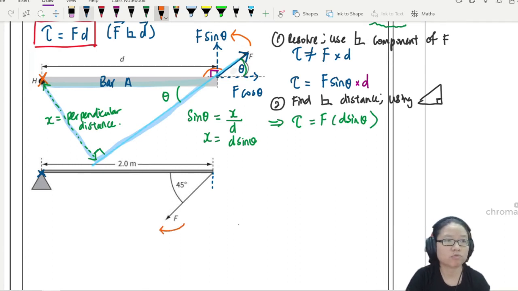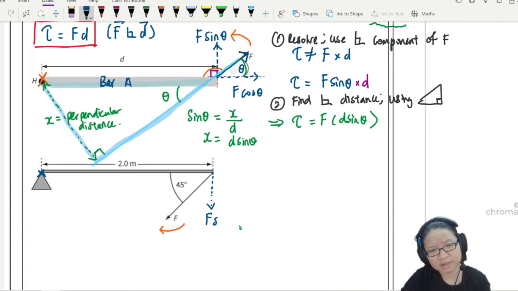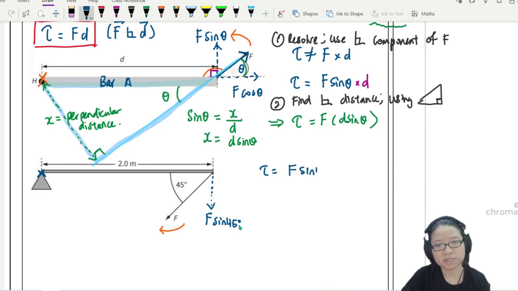So again, you have two options. You can resolve. This one will have a component of F opposite the angle, F sine 45, and you will take the perpendicular distance. So the torque here will be equal to F sine 45 times 2.